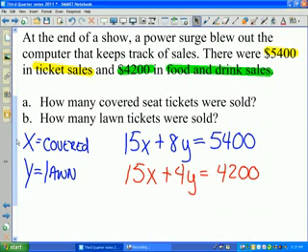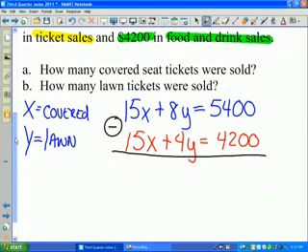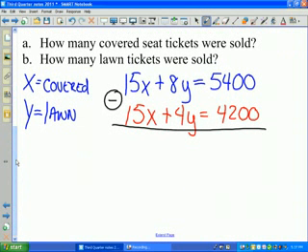So how are we going to solve this system? Hopefully you said by subtraction. The reason being, you have the same number for the x's, which is 15. They're both positive, so I'm going ahead and subtracting them.